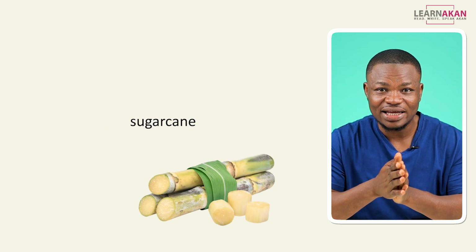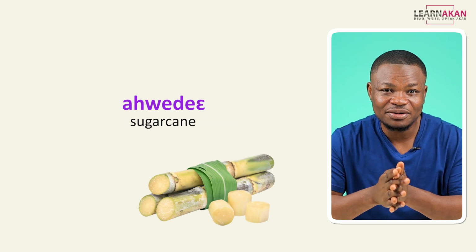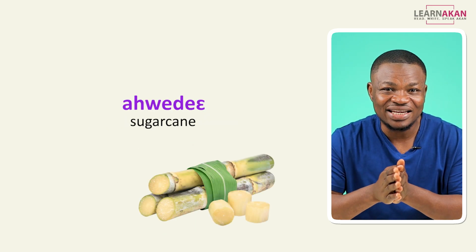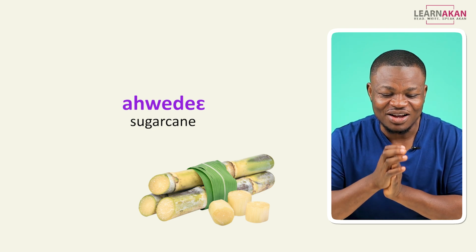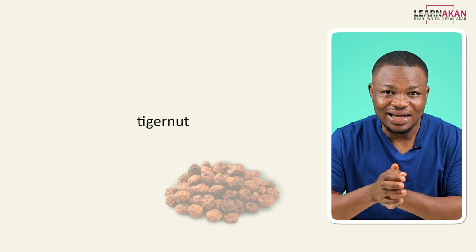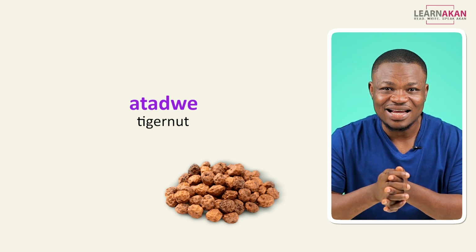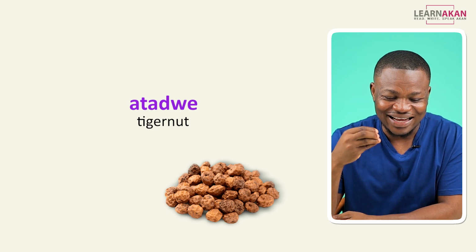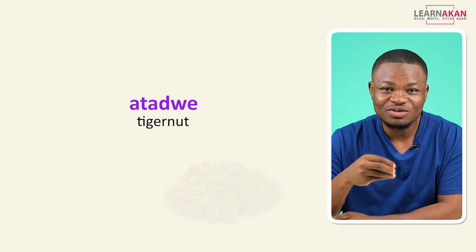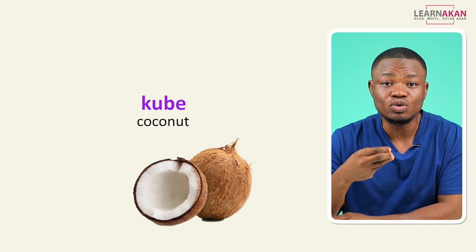And then we have sugarcane, and that is ashedie. Tiger nut is atadwe. And then we have coconuts, and that is kube.